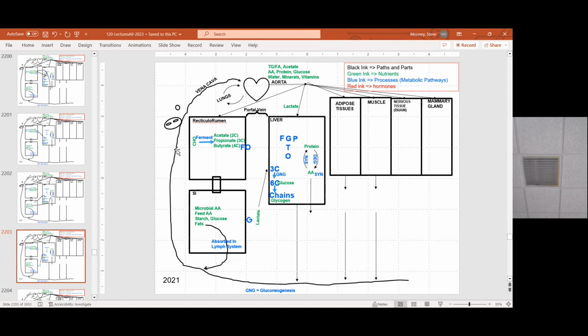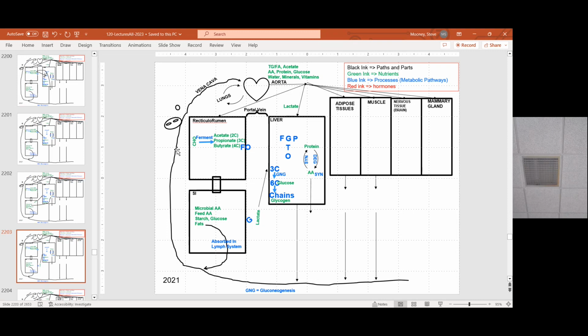Pyruvate is toxic to the cell. If we're not going to burn it all the way down, we convert it to lactate, that other 3 carbon unit. That lactate goes on to the liver, and then from the ATP generated in the liver, we can recreate glucose. So it's a way for the gut to pull out a little ATP, send the product down the line.